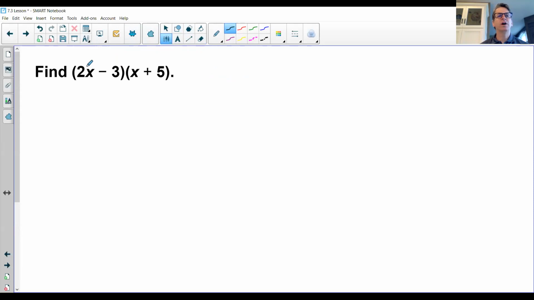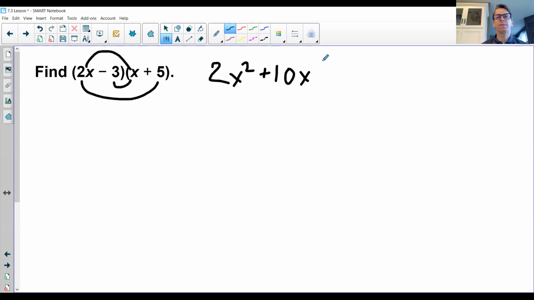First times first, 2x times the x, and that's 2x squared. All right, next, outer. The outer would be the 2 and the 5. 2 times 5 is 10x. Inner will be the -3 times x, -3x.